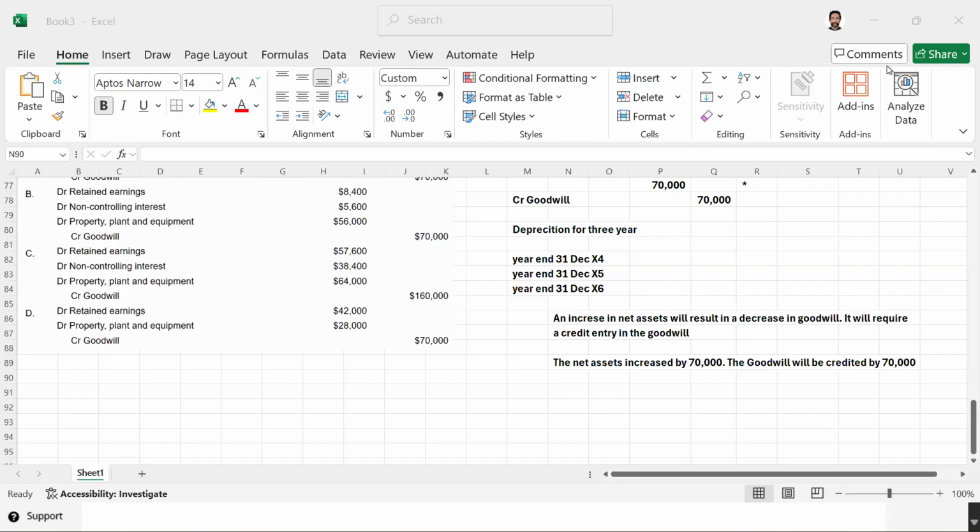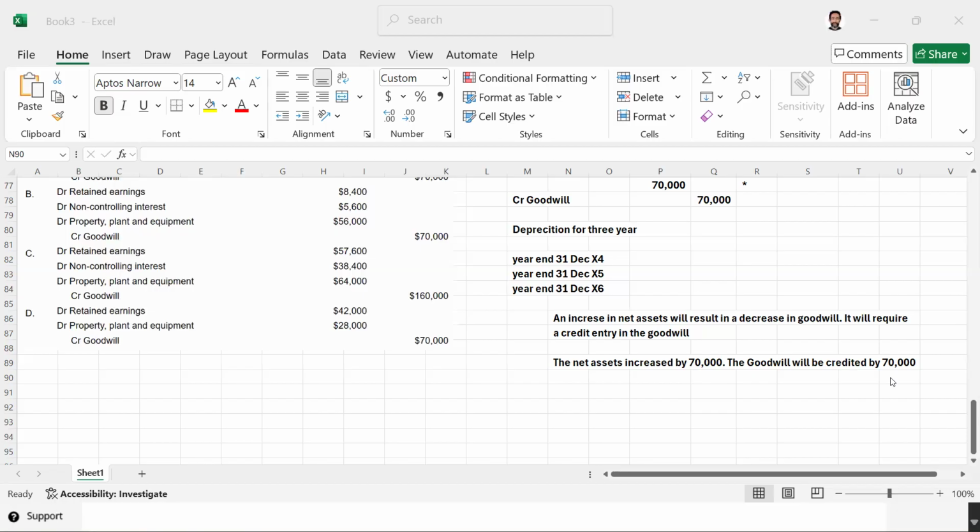Since the net assets have gone up by 70,000, the goodwill will reduce. An increase in net assets will result in a decrease in goodwill. It will require a credit entry in goodwill. So that's why the assets increased by 70 due to the fair value adjustment, and the goodwill is credited by 70. Yes, that's correct.